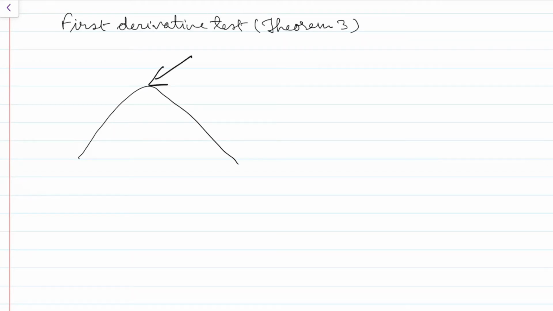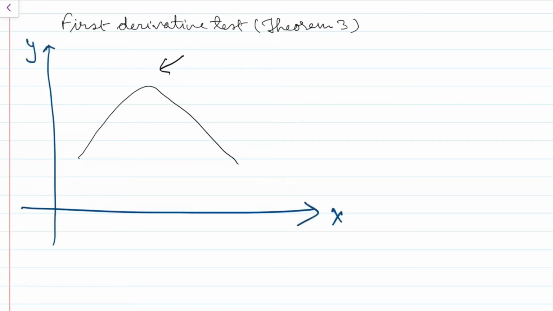This point is the local maxima because this is the highest point in its neighborhood. Suppose we draw the tangent at the maximum point. This tangent will be parallel to the x-axis, that is dy over dx will be 0, or the first derivative of the function will vanish at this point.